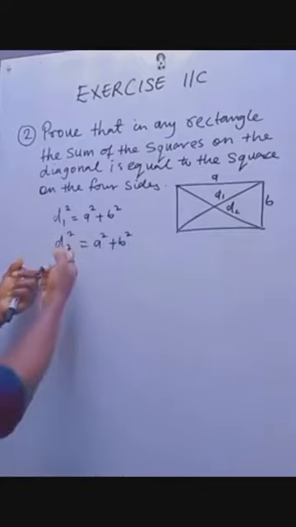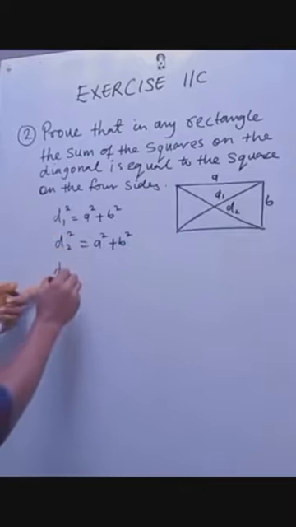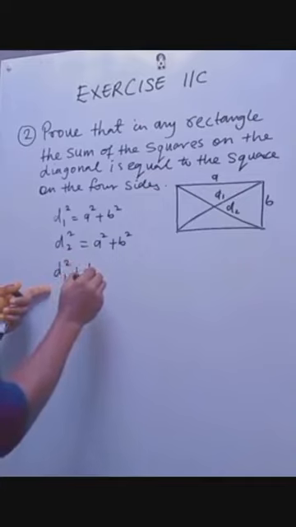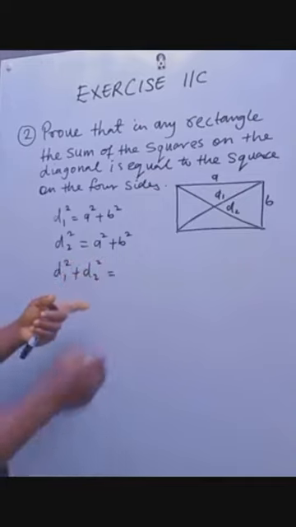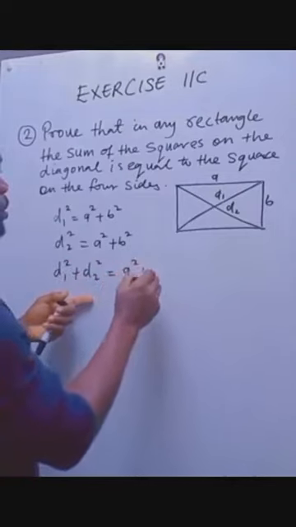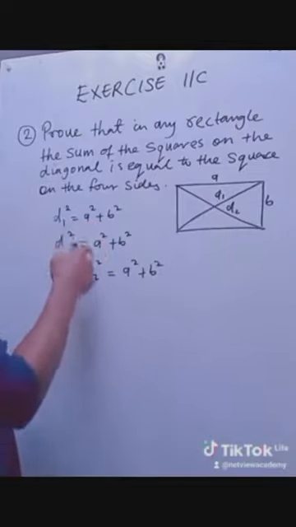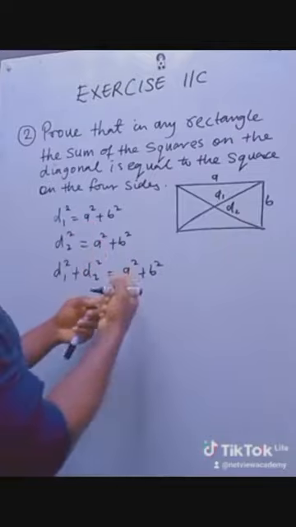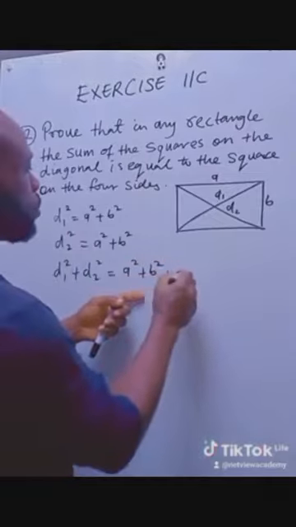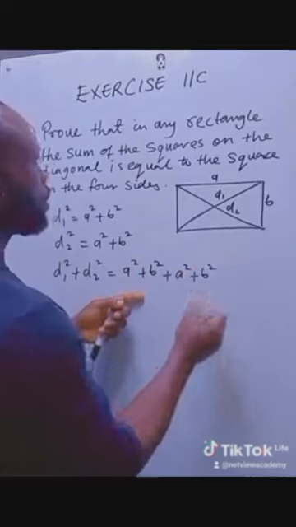Now the sum of D1 squared and D2 squared is equal to A squared plus B squared plus A squared plus B squared.